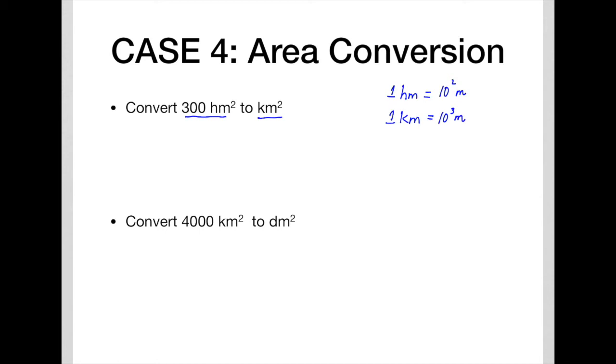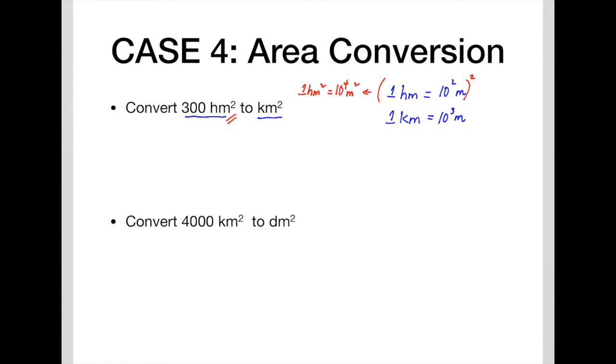Now, recognize that this one is hectometer square. So what we are going to do is to simply square this equality, and then therefore we could say now that 1 hectometer square equals 10 raised to 4 meter square.